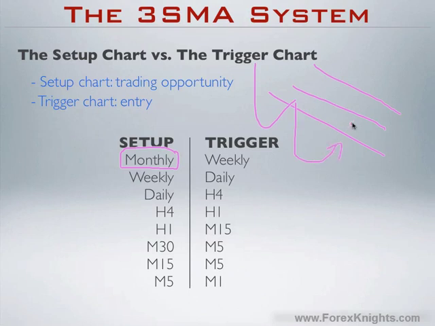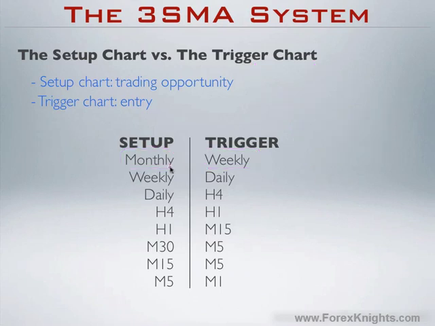When price retraces back to the dynamic area of support and resistance, you want to be zooming into the weekly time frame in order to nail down the bounce point, in order to read the bounce as accurately as possible. So instead of entering there, you hopefully will manage to enter the trade just a little bit earlier. That's the only use we are going to have of the trigger chart.